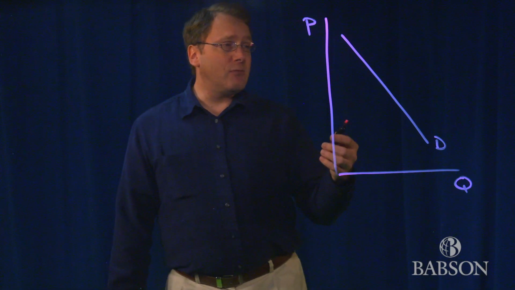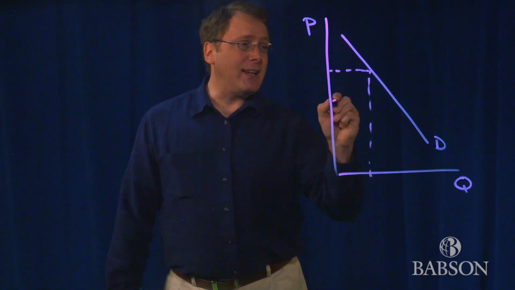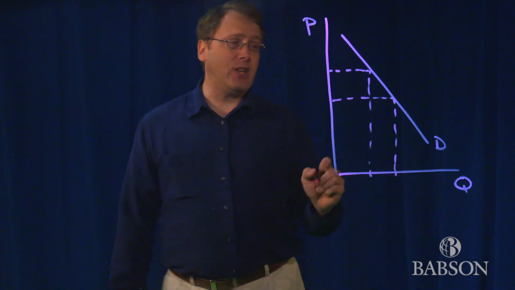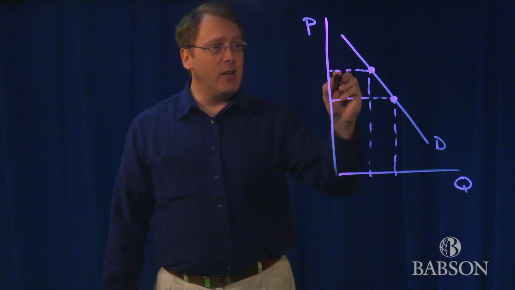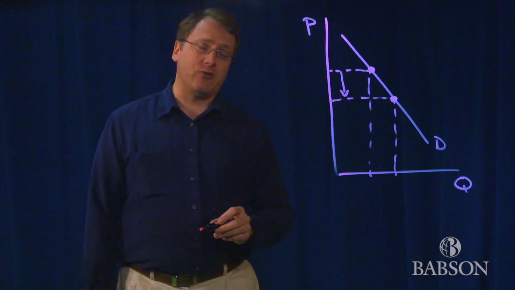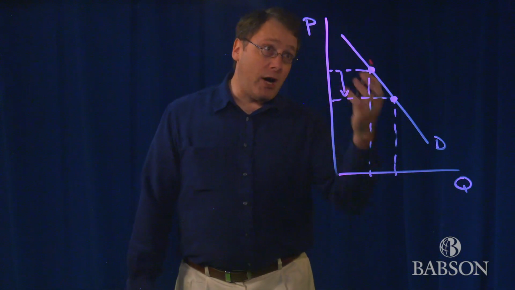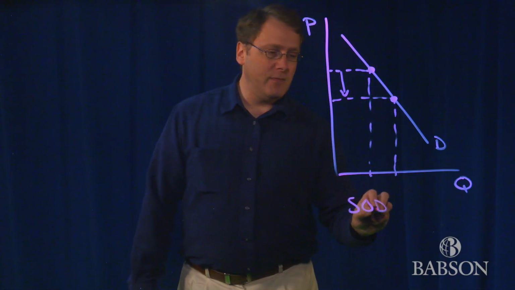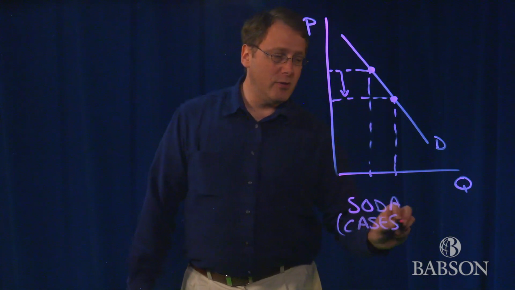And the question that we're really interested in is what happens as the price changes, right? So we have 2 points on the demand curve, and we think about the price dropping. So maybe this is the model for soda, and it would be cases sold per week.